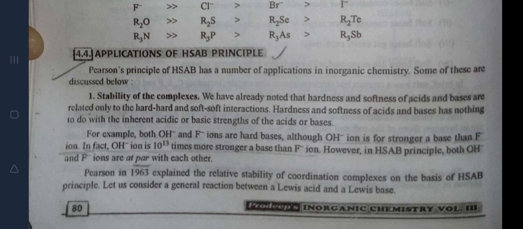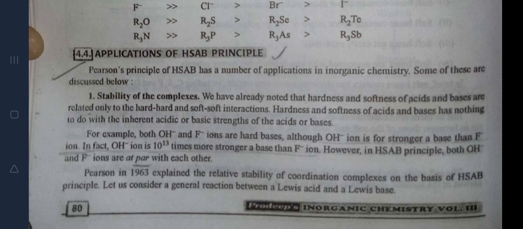Hardness and softness of acids and bases has nothing to do with the inherent acidic or basic strength of the acids and bases. For example, both OH negative and F negative ions are hard bases, although OH negative ion is far a stronger base than F negative ion.